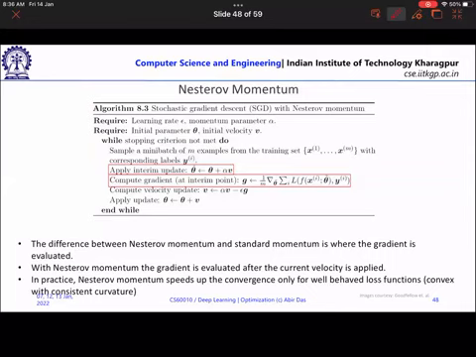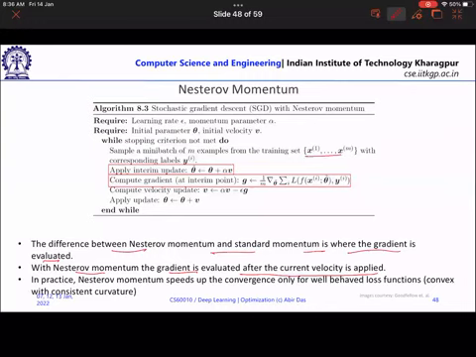Nesterov momentum, I will not go into detail. It is just about where you compute your gradient. The difference between Nesterov momentum and standard momentum, the one that I told earlier, is where the gradient is evaluated. With Nesterov momentum, the gradient is evaluated after the current velocity is applied. What does it mean? In all the algorithms, the change is given within these red boxes.